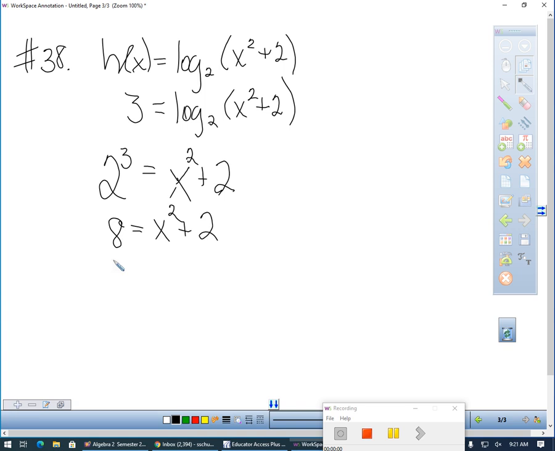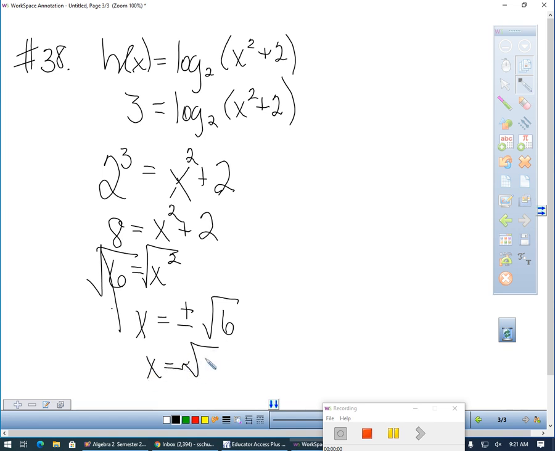Subtract 2 to the other side, we get 6 equals x squared. And of course, square rooting both sides, technically we get x equals plus and minus the square root of 6. However, the question wants you to take only the positive value. So therefore, x equals positive square root 6.